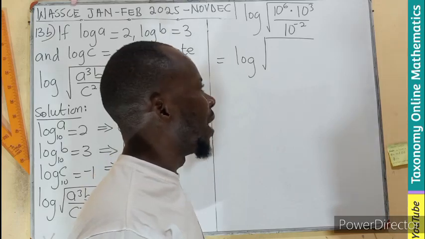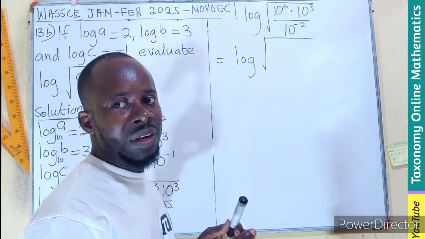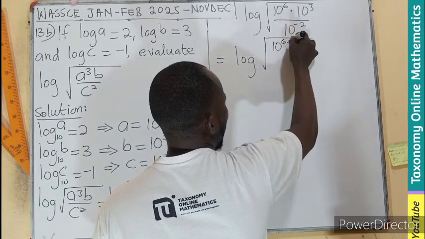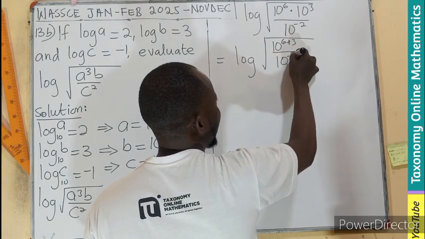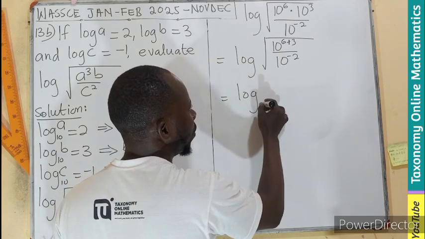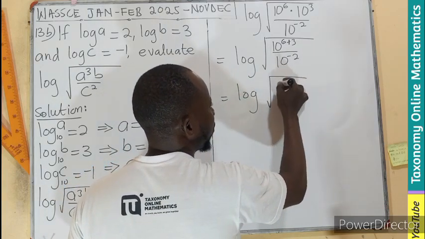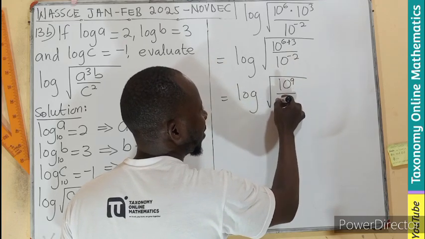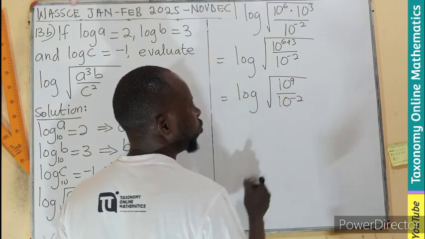Now, when we have multiplication of base, we add the exponent. So that means 10 exponent 6 plus 3, 10 exponent minus 2. Then we can have our log of the root of 10 exponent 9 divided by 10 exponent minus 2.